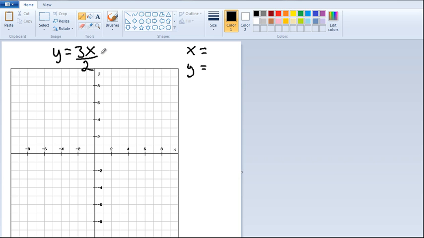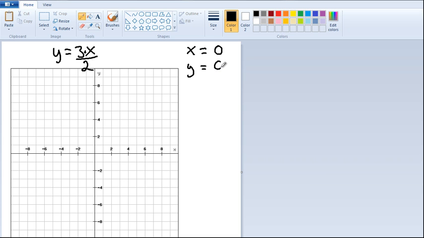X value, we can always choose any value we like, for example 0, and then we put 0 in here. Remember that 3x is always 3 times x. So if we put 0 in here, it's 3 times 0, which is 0. And then 0 over 2 is 0.